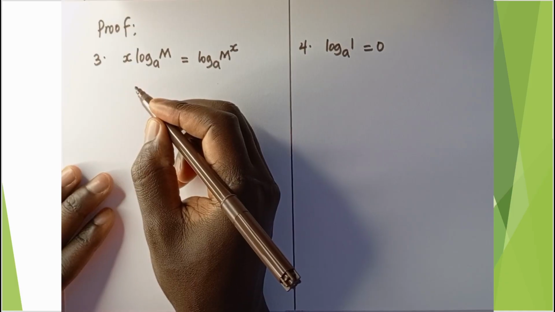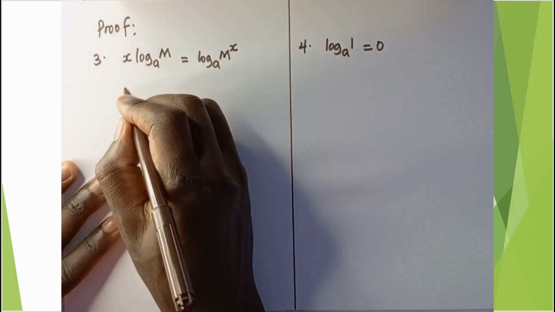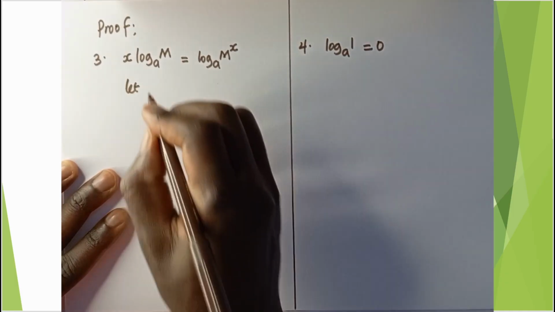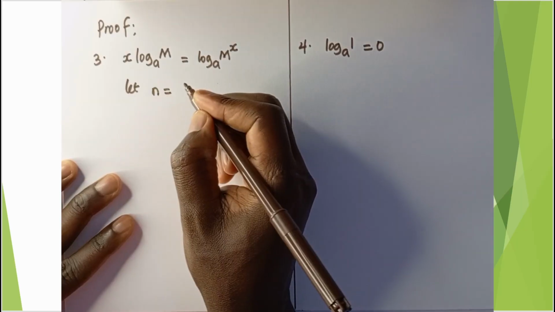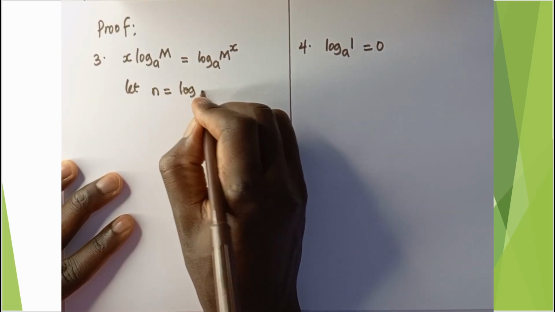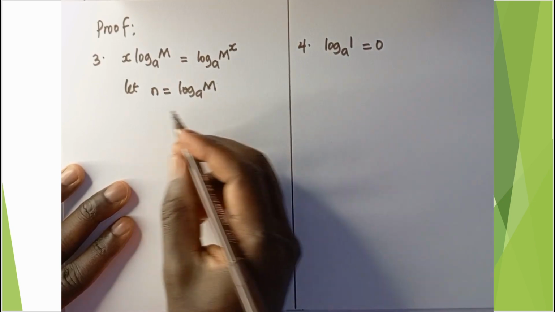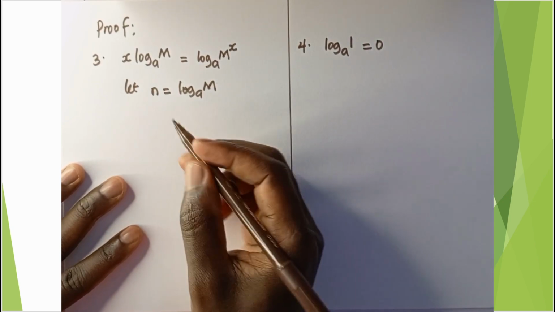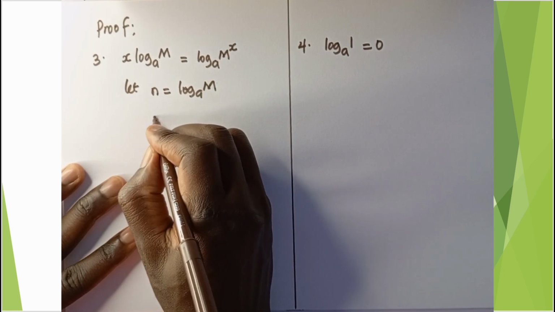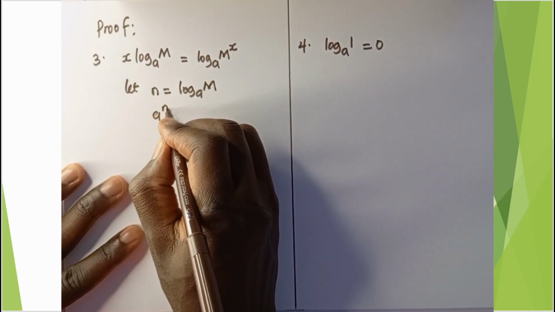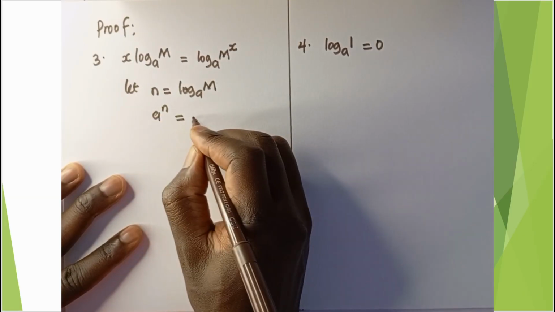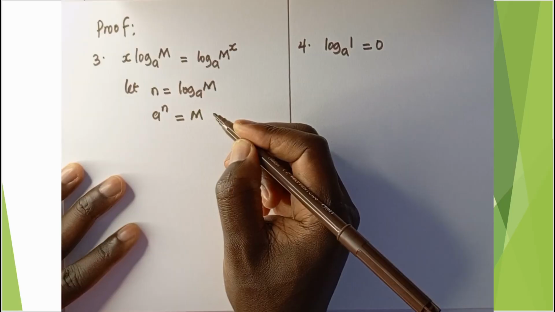We say, let, for example, n equal to log base a of m. Now, writing this in index form, we know very well that we shall have a to the power n is the same as m.